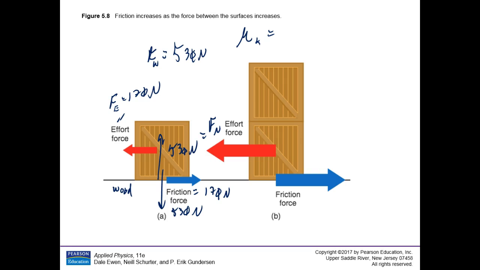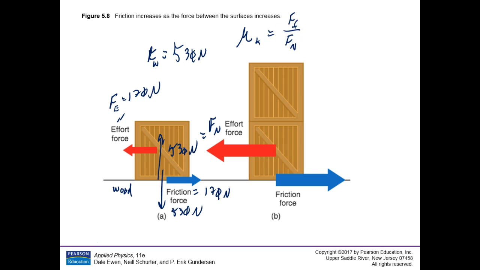The coefficient of friction on the previous page, the next to the last paragraph, the coefficient of friction is the ratio of the frictional force, that is 170, to the normal force. Remember, I had that on the slide before.